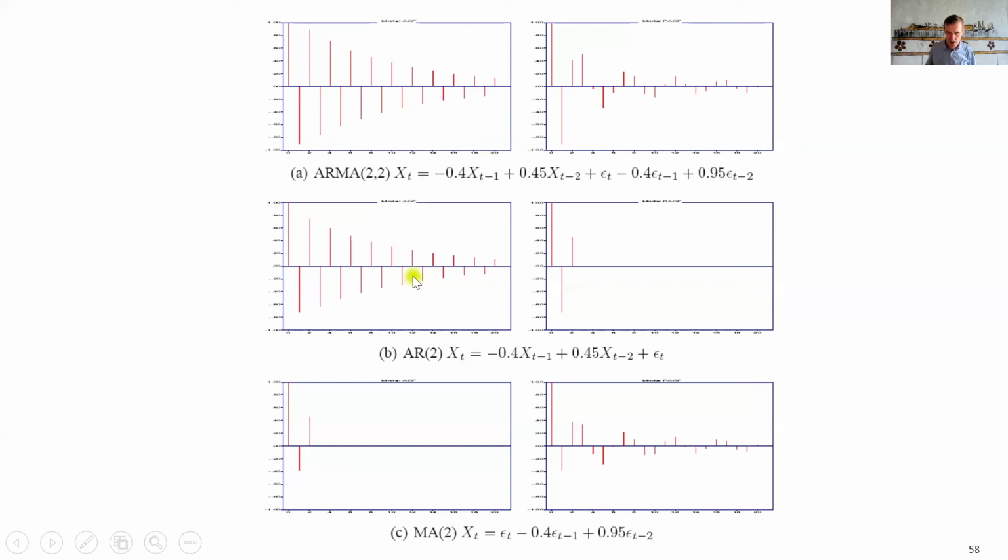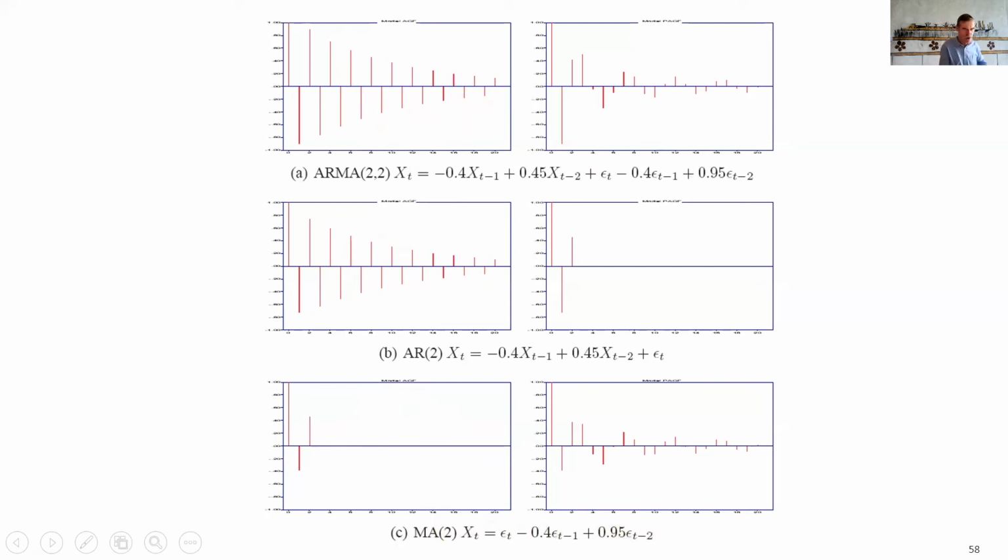Now there are subtle differences, like, for example, if I have an autoregressive process versus a moving average process, the autocorrelation of a moving average process is exactly zero after some lag. Why is that? Well, because a moving average is an average, for example, here of 3 epsilons.